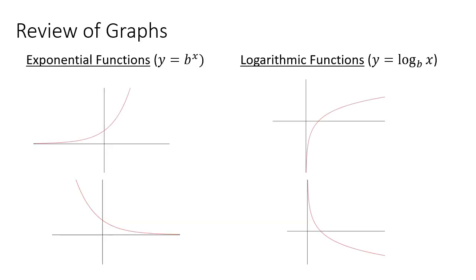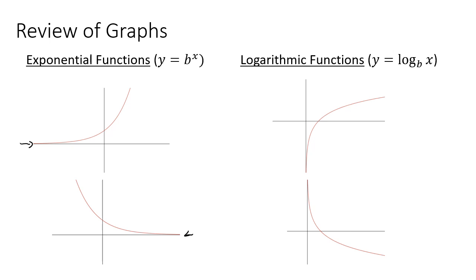So let's recap our graphs from section 4.1 and 4.2. And it's important that you be able to keep these shapes separate because it gets confusing when we cover all these so close to each other. So exponential functions, y is equal to b to the x, are featured as having horizontal asymptotes.